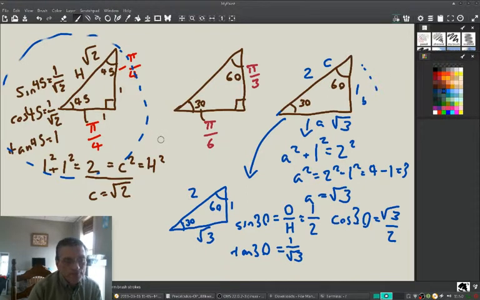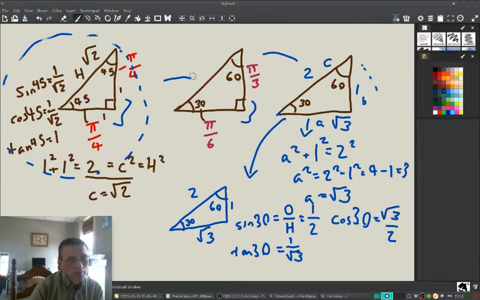Alright. 2 very important triangles, 3 very important angles. 30, 60, 90, and 45, 45, 90 triangles. Pi over 6, pi over 3, pi over 4. I don't expect you to memorize these things, but I think working with them enough, you will memorize them.